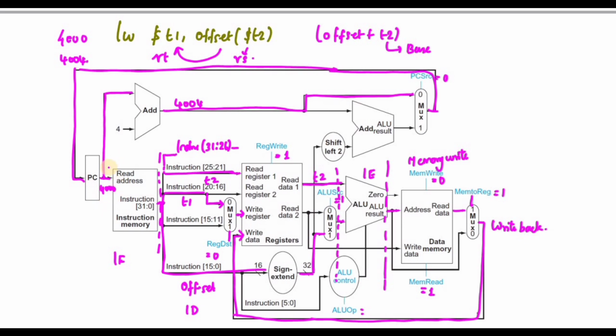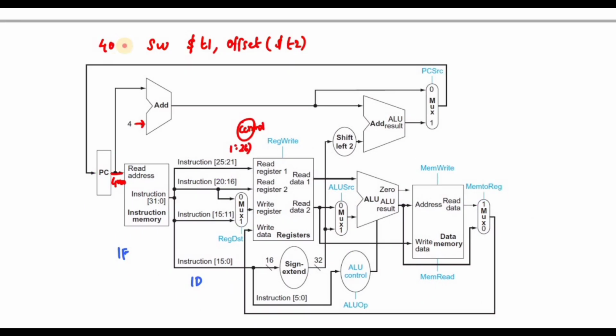Next, let me discuss store word. Again, it is located at address 4000. At that address the instruction is fetched, and bits 31 to 26 represent that it is a store word. It is given to the control unit.